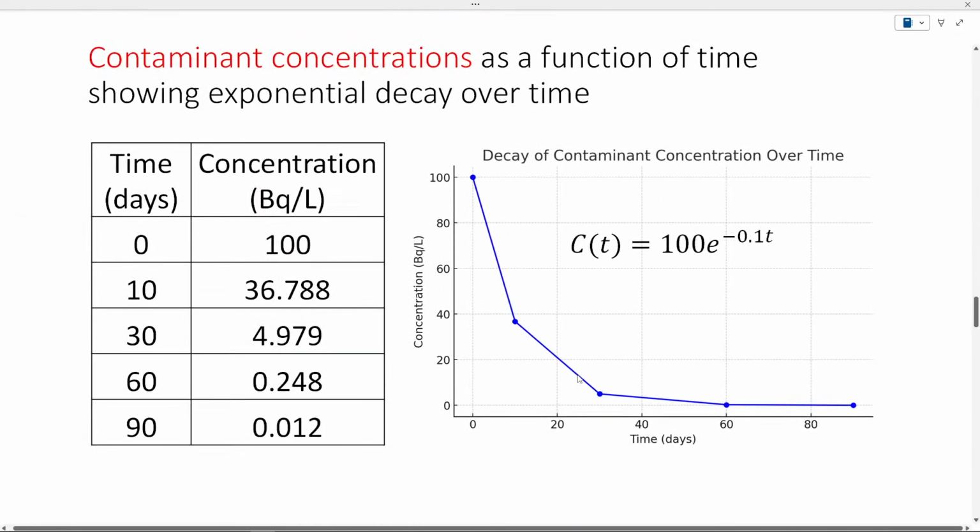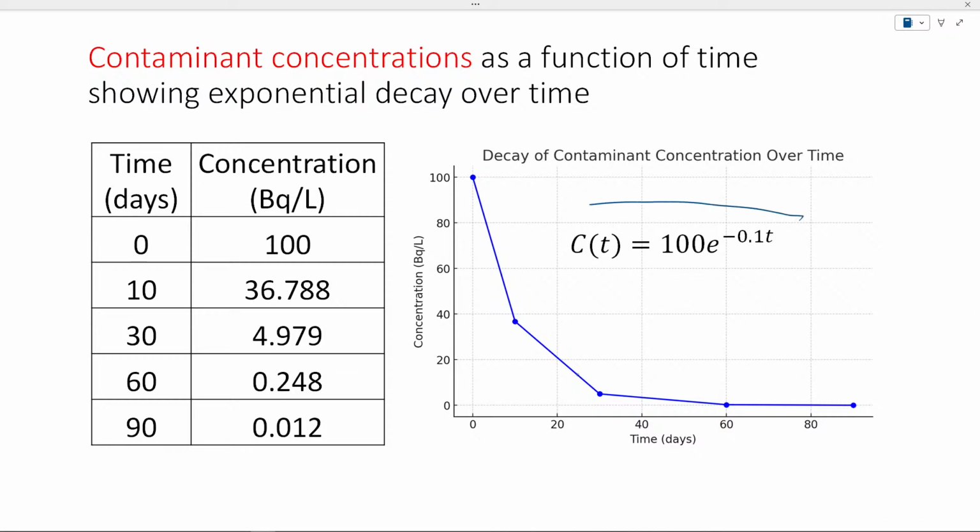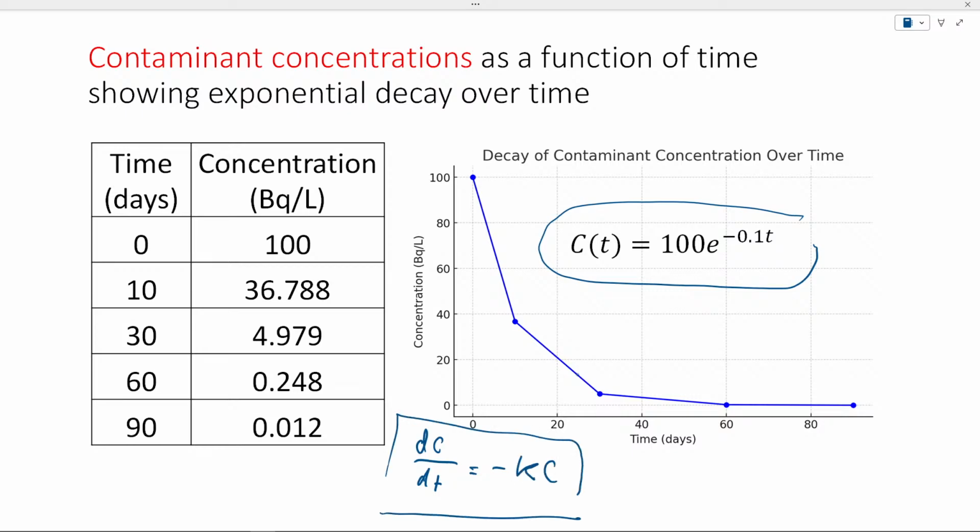But now this is our equation. This is the final form that we have, and we can plot it. We cannot plot dC over dt equals negative kC, because this is just telling me about the rate of change, how concentration is changing with time as a function of this decay term.